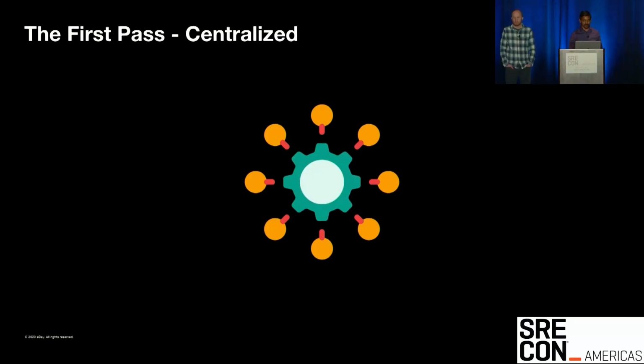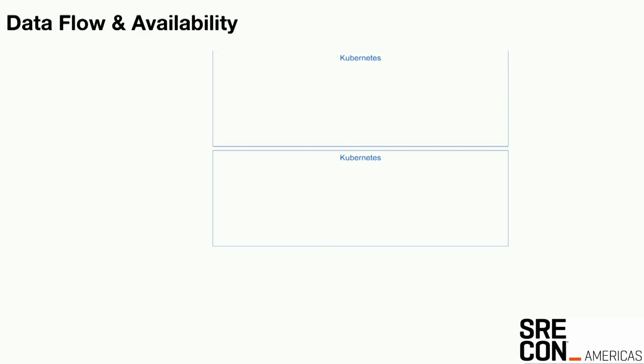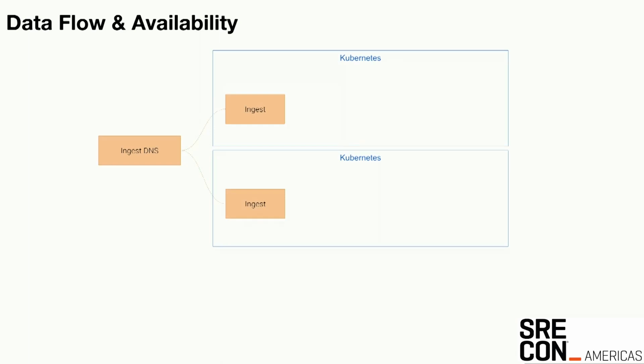So the first pass, we basically went for a centralized approach. Depending on the number of Kubernetes clusters that the metrics platform was deployed in, you could have data that's coming into a well-known ingest endpoint, which will be routed to one of those two Kubernetes clusters.